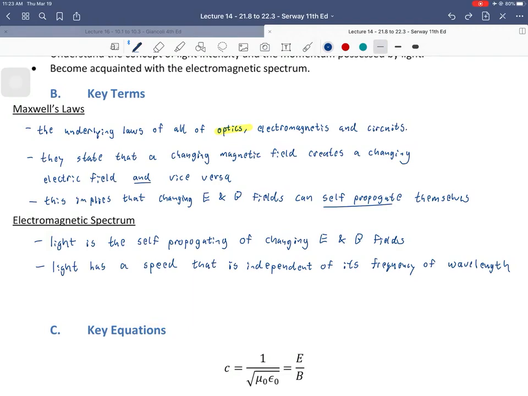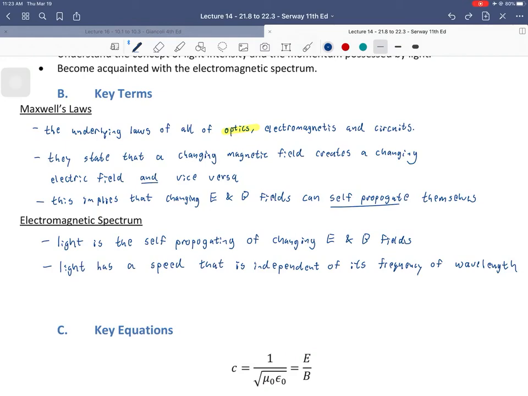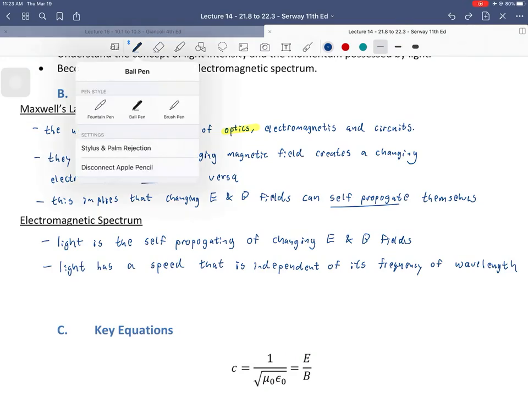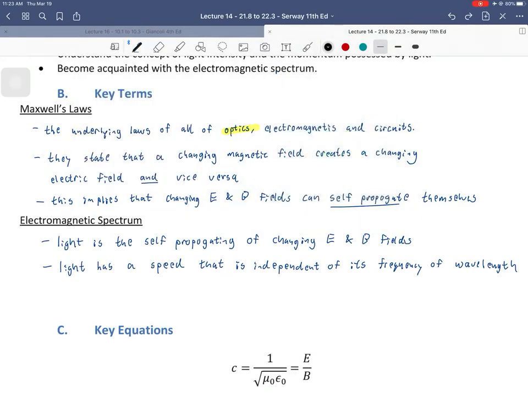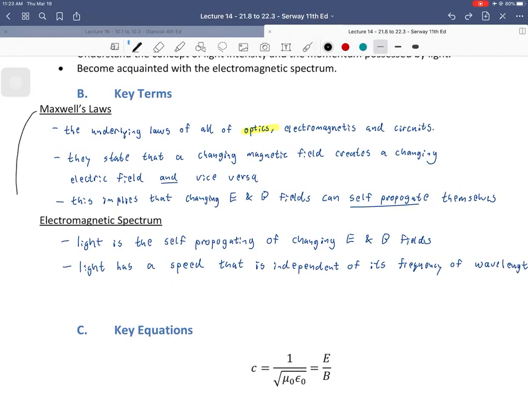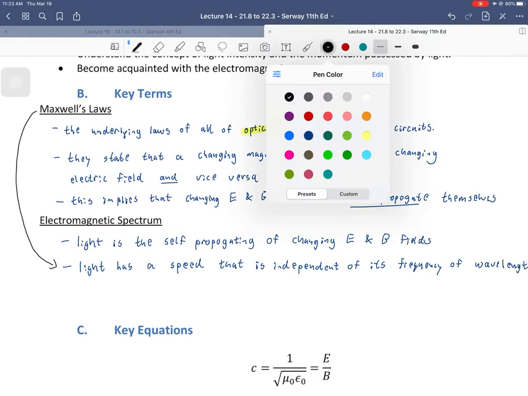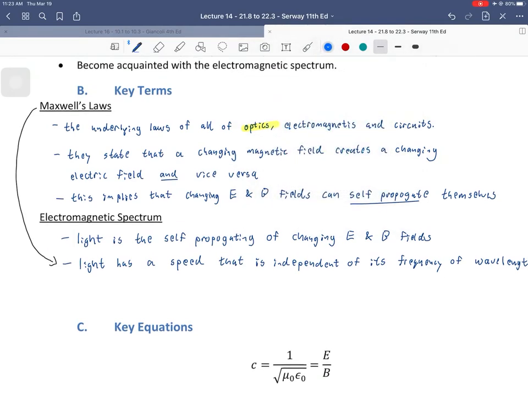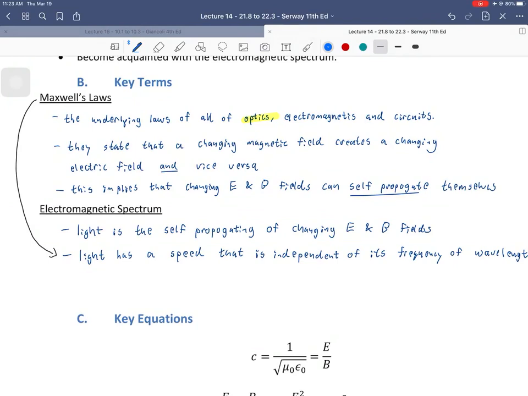All right, that statement about light is one of the big consequences of Maxwell's laws. We can really say that the independence of its speed and that constant value of its speed follows directly from Maxwell's laws. Again, we won't prove that, but I want you to know that that is in fact the case.